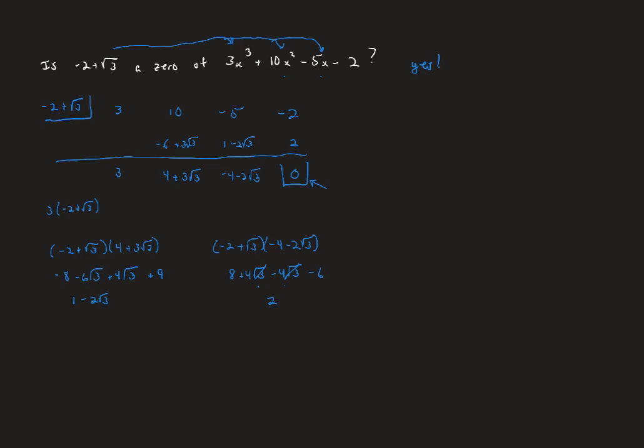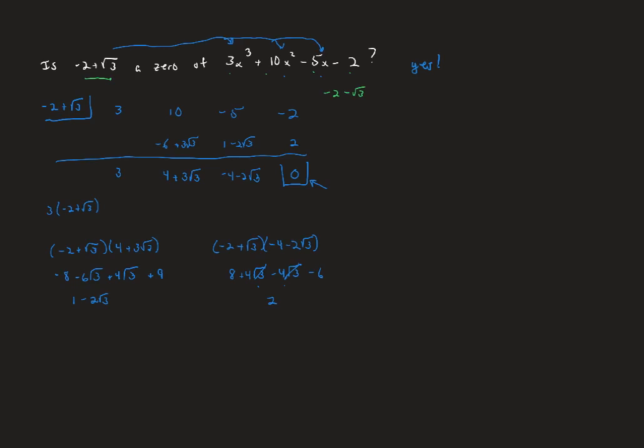So we know from our complex conjugate theorem that if -2 plus square root of 3 is a 0, and these are all very nice coefficients, that is, you don't see any square root of 3's in there, then that means that -2 minus the square root of 3 is also going to be a 0. It's the conjugate, not complex conjugate, but just conjugate, the thing that will make that the difference of two squares.